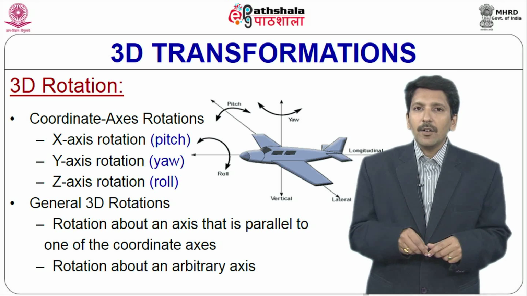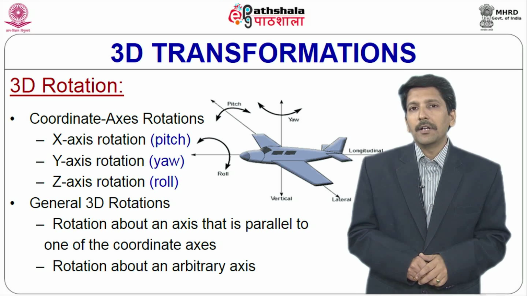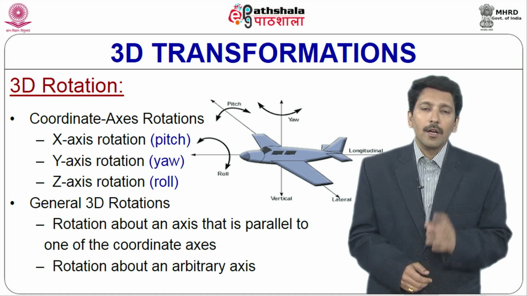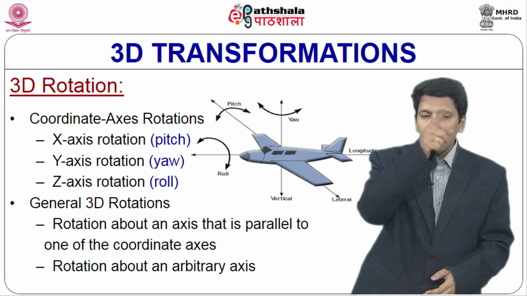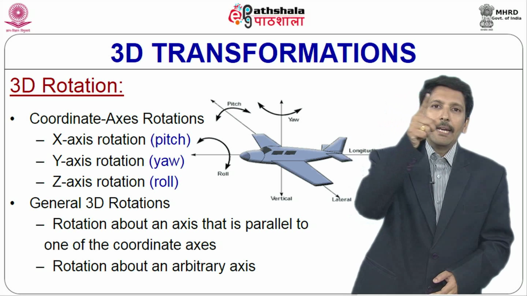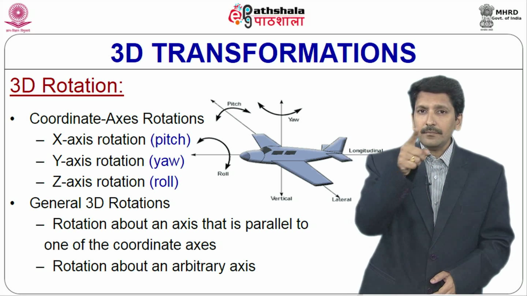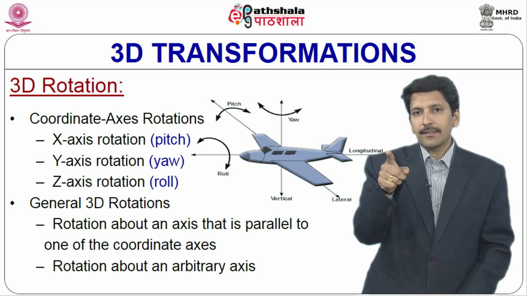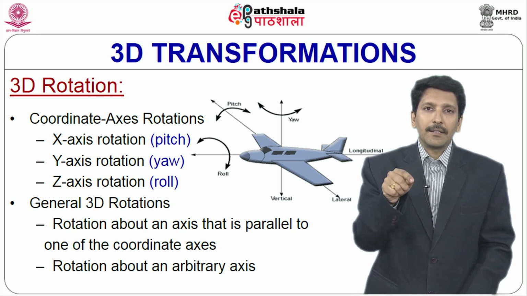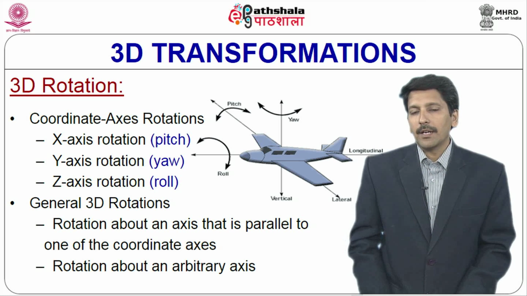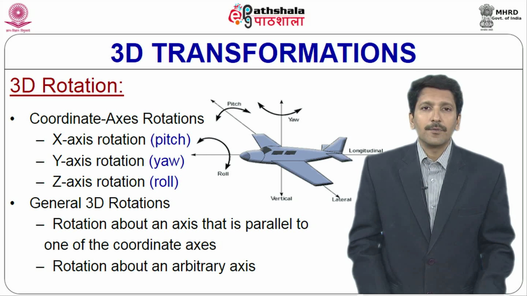That means if you are standing on x axis, you are actually looking at the negative x axis, the direction of view is the negative x axis, and you consider an object being rotated about the axis in anti-clockwise order. That is considered as positive rotation.